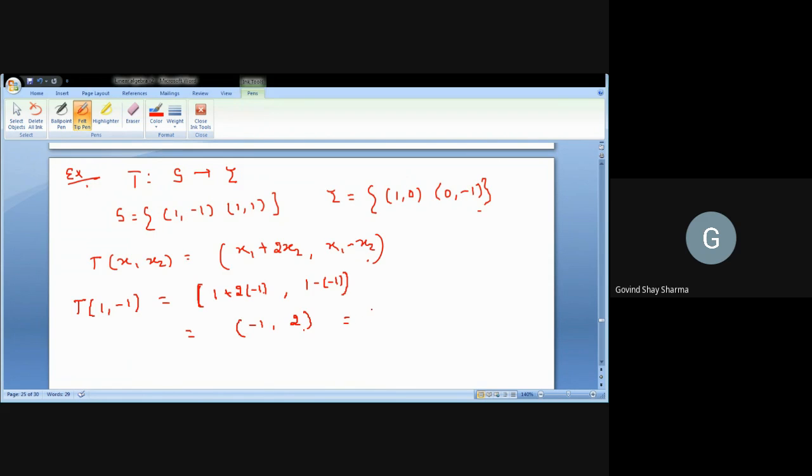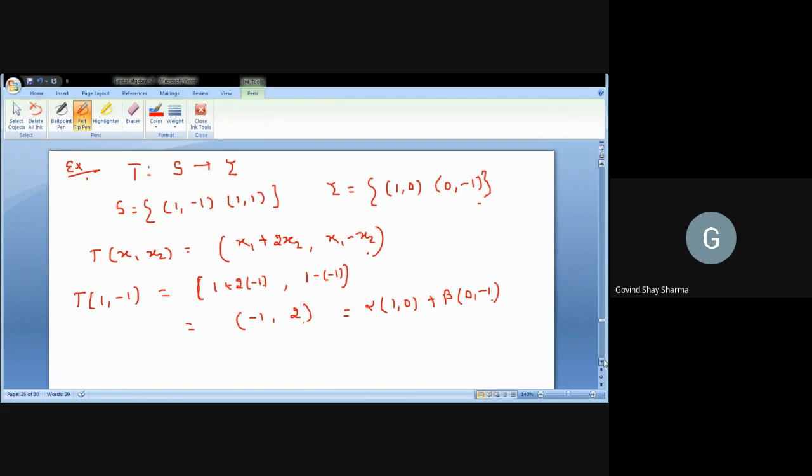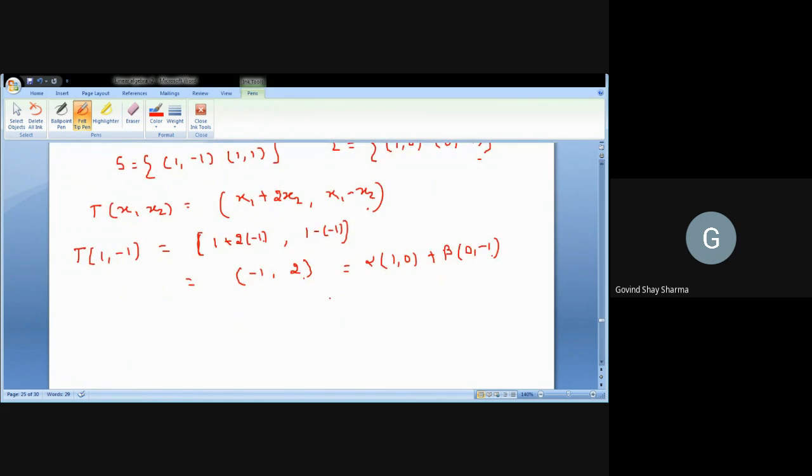It can be written in the form of alpha (1, 0) plus beta (0, -1). So here we first find out alpha and beta.